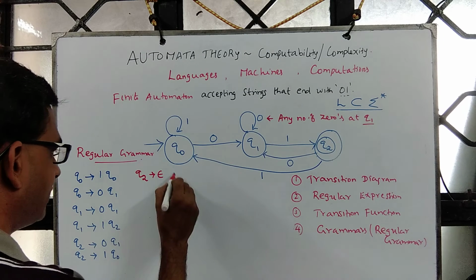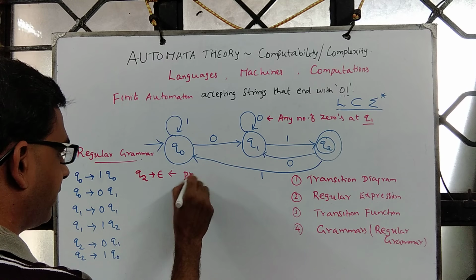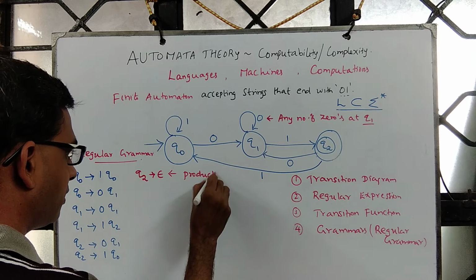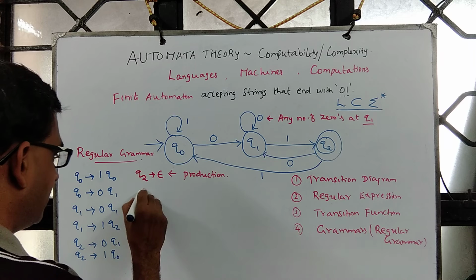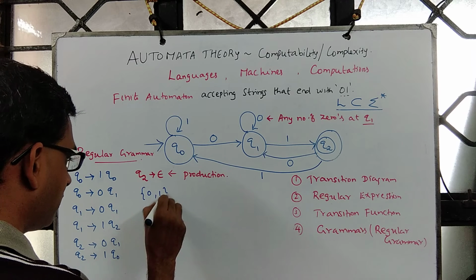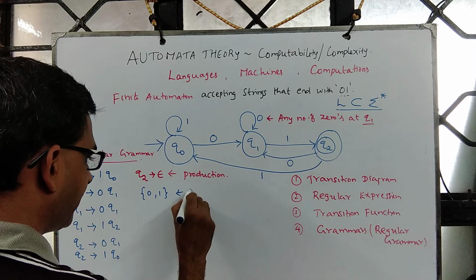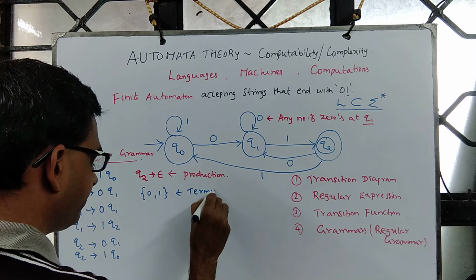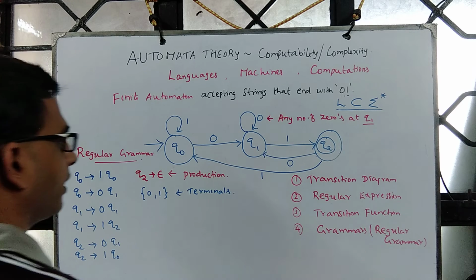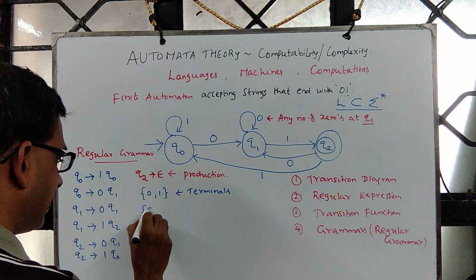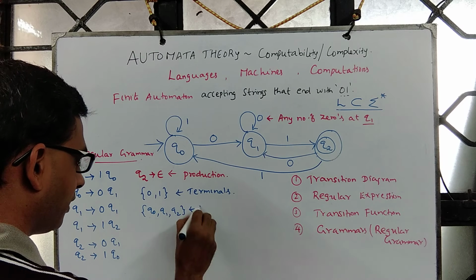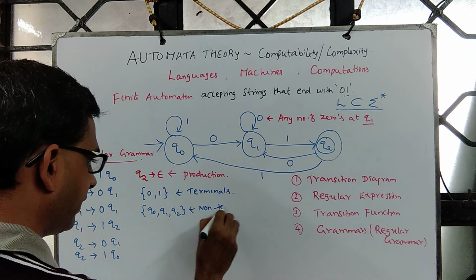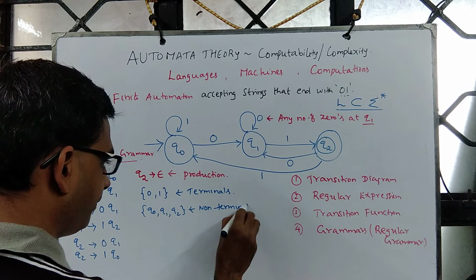So each of these is called a production, and things that are in sigma are called terminals, and things that are in Q are called non-terminals.